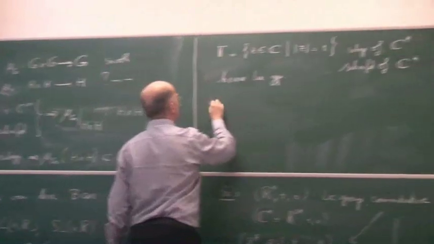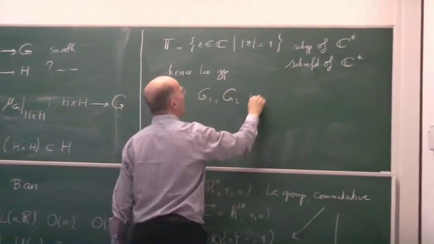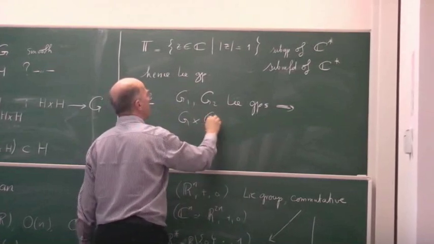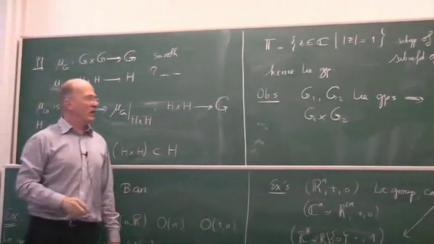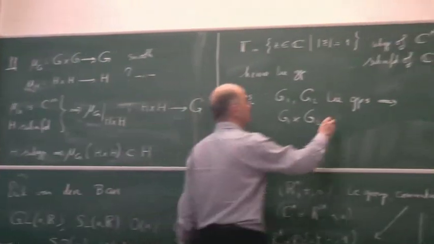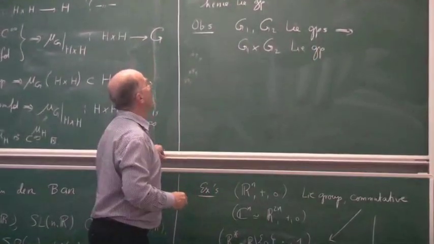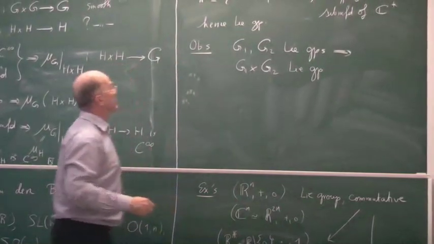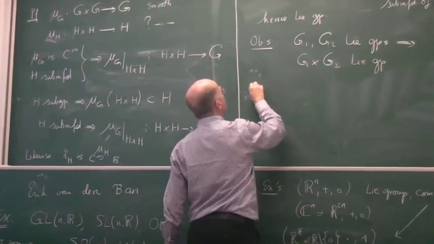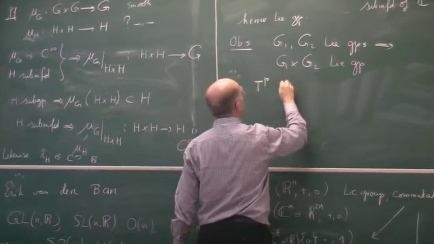Another observation, which is easy to prove, is that if G1 and G2 are Lie groups, then the product group, equipped with the product group structure and the product manifold structure, is a Lie group as well. This is really an easy result, but it implies, for instance, that the p-dimensional torus is a Lie group.